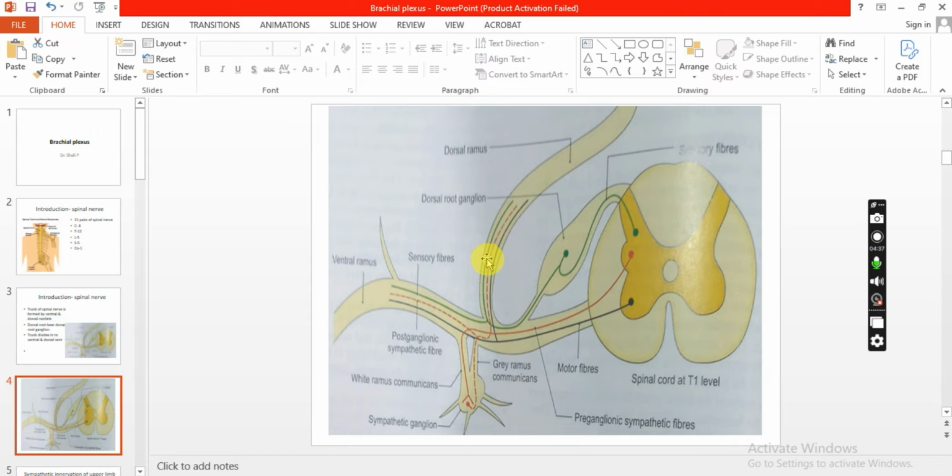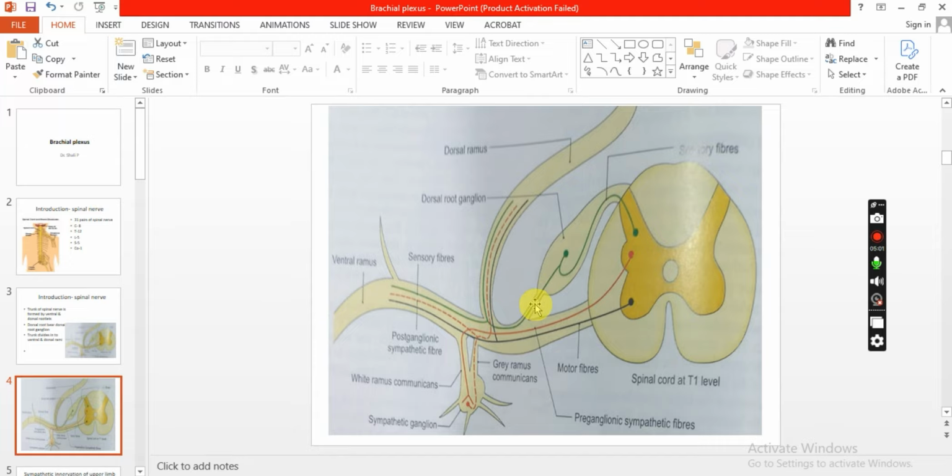The peripheral process carries pain, touch and temperature from the surface to the dorsal root ganglion, which then enters the dorsal horn and goes upward to the corresponding brain center, where you are consciously perceiving the sensation.